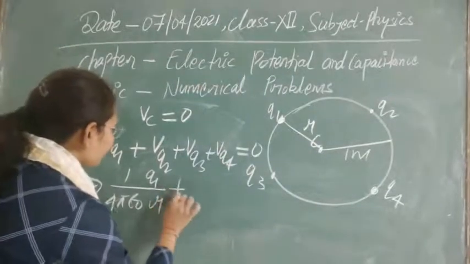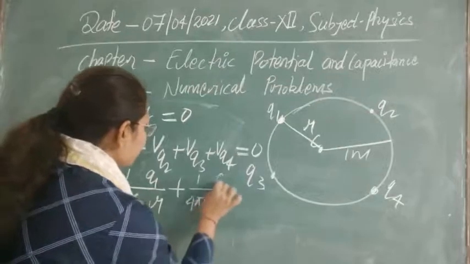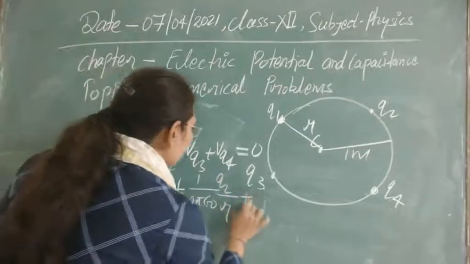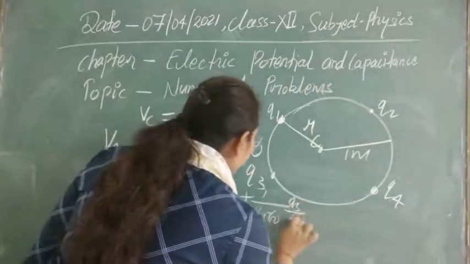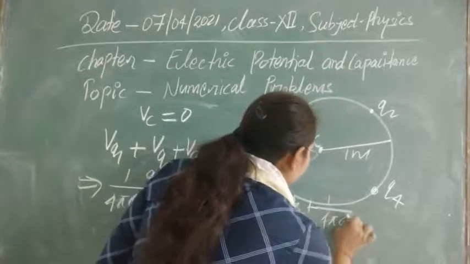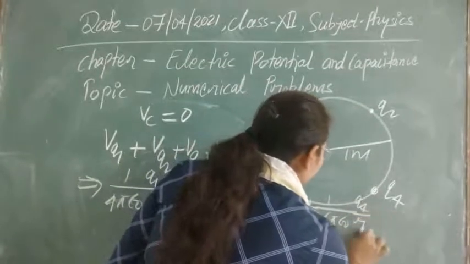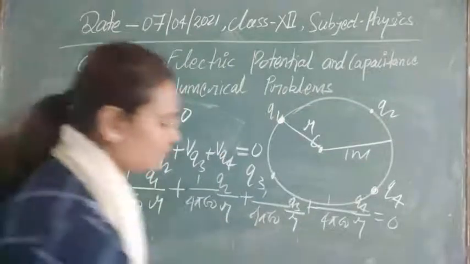Second is 1 upon 4 pi epsilon 0 Q2 divided by R. Third, 1 upon 4 pi epsilon 0 Q3 divided by R. And the last one, 1 upon 4 pi epsilon 0 Q4 divided by R. The distance is the same, and the sum is equal to 0.